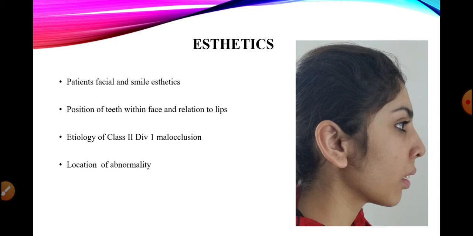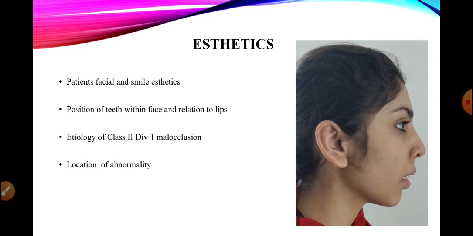We should not just consider retracting the upper incisors without considering the facial or the smile aesthetics. So the position of the teeth in the space, the competency or incompetency of the lips, the smile show, the anteroposterior relationship of the lips, everything has to be considered before planning the treatment in cases of class 2 malocclusion as well. Therefore, the position of the teeth with reference to the face and with reference to the lips should be considered.